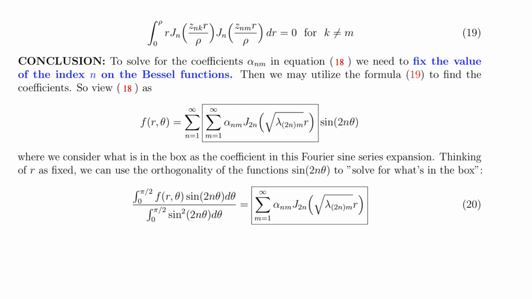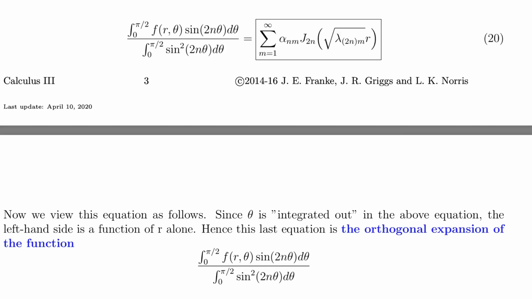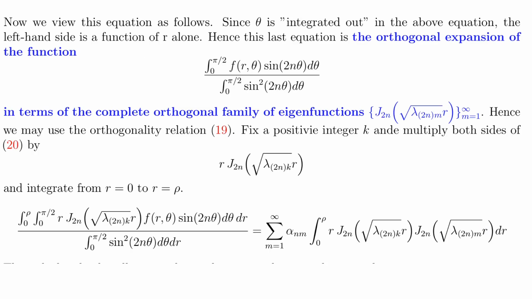And we get equation 20. Now, we want to view this equation as follows. Since theta is integrated out in the above equation, the left-hand side is a function of r alone. Hence, this equation is the orthogonal expansion of this function in terms of the complete orthogonal family of eigenfunctions, the Bessel functions J sub 2n.